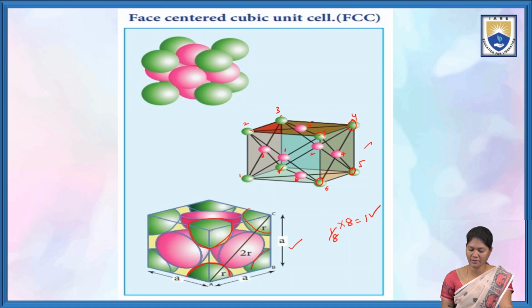So here in this face, the pink color atom, which is at the center of this face, is being shared with another unit cell. Half of the atom is in this unit cell, and half of the atom is in the adjacent unit cell.